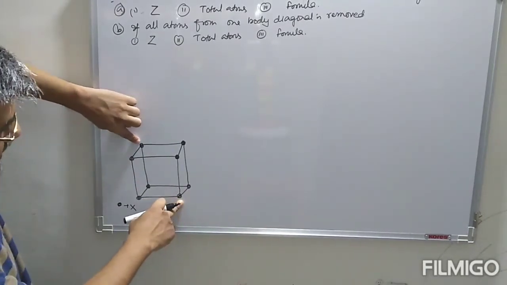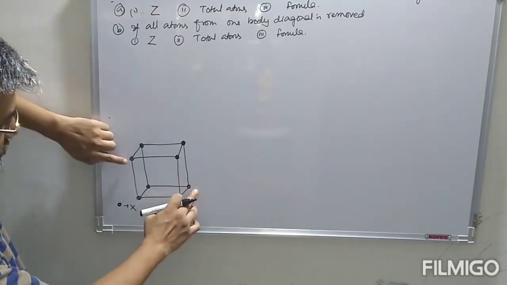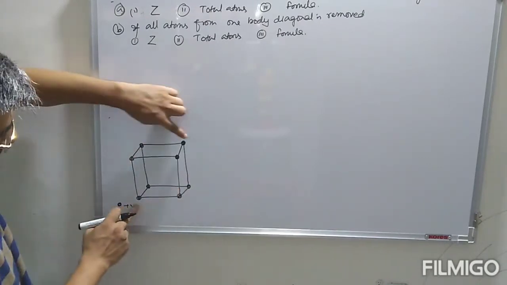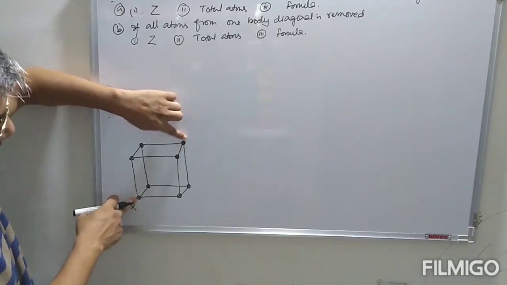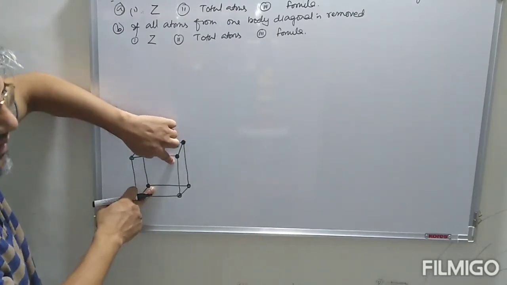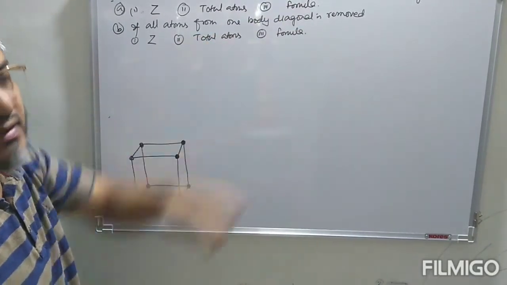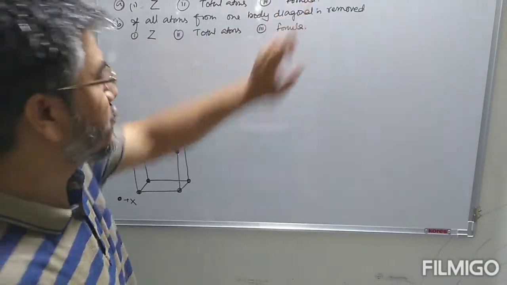In this body diagonal, we have two atoms. Second, look at this, this is also a body diagonal, again we have two atoms. This is the third body diagonal, we have two atoms. This is the fourth body diagonal. So in a cube, how many body diagonals are there? Four body diagonals. And each body diagonal contains how many Y atoms? Two atoms.